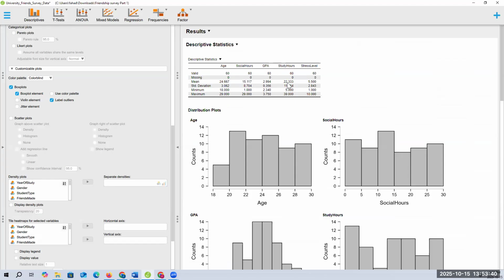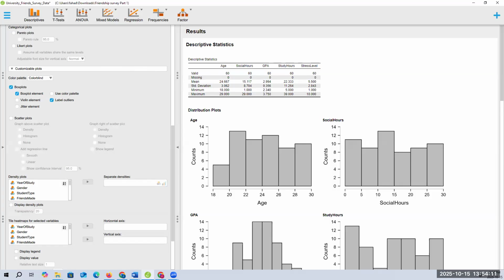The average study hours is 22.3 hours per week, and the average self-reported stress level was 5.5 out of 10. I guess that falls into a moderate level of stress. So they are not really very stressed. You don't want a high stress level for these 60 students from a university. So the question is, does this reflect the population itself?